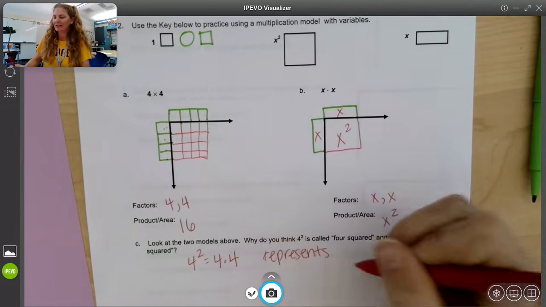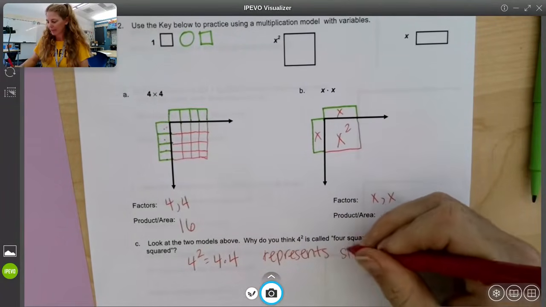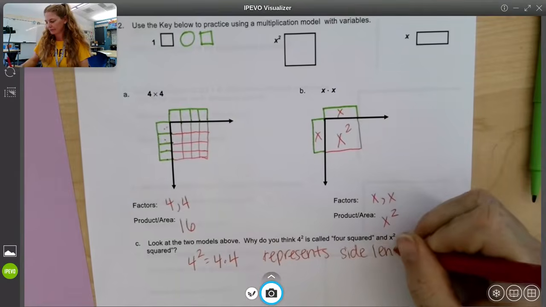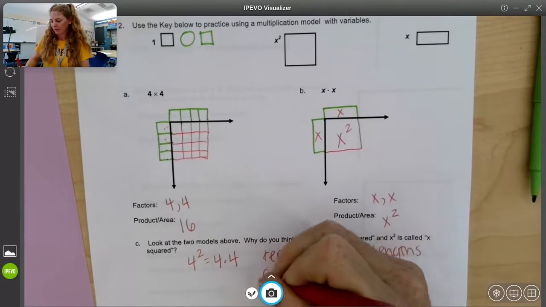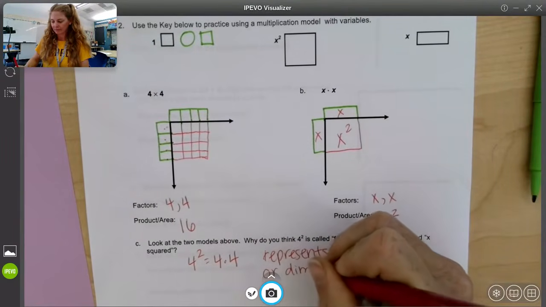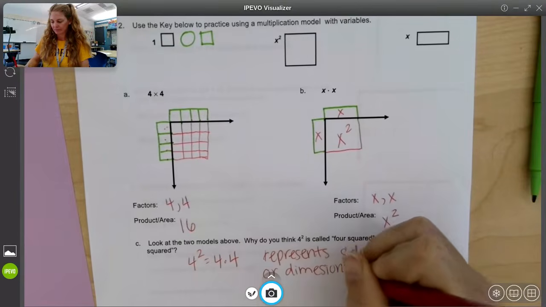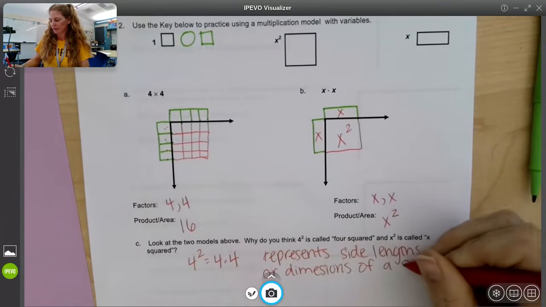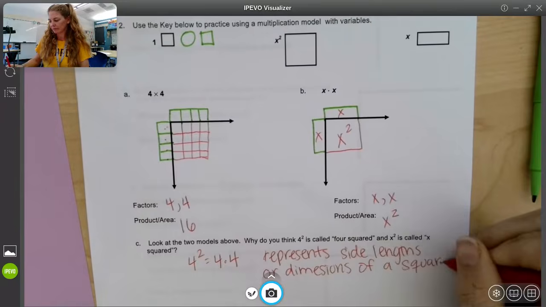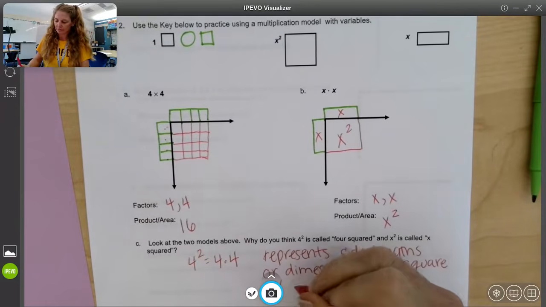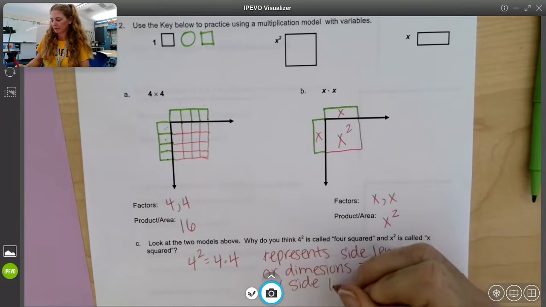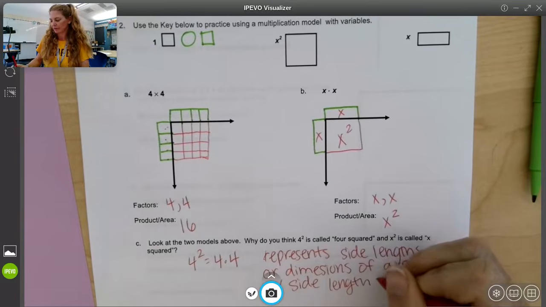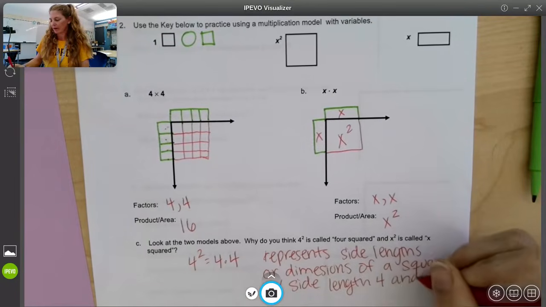When I say dimensions, I mean side lengths, or dimensions, of a square with side length 4 and area 16.